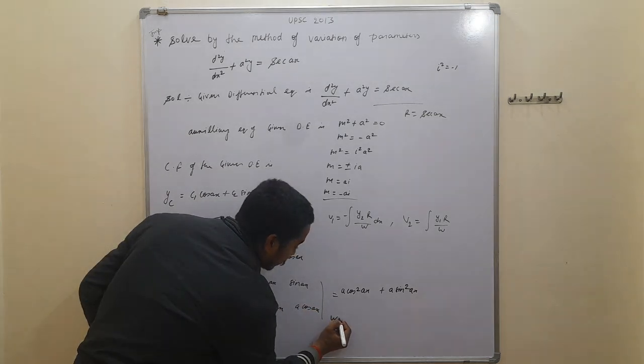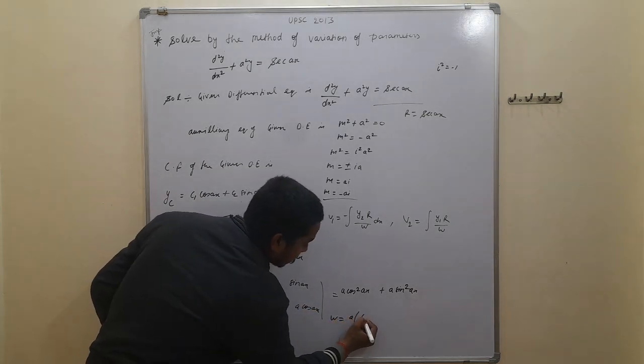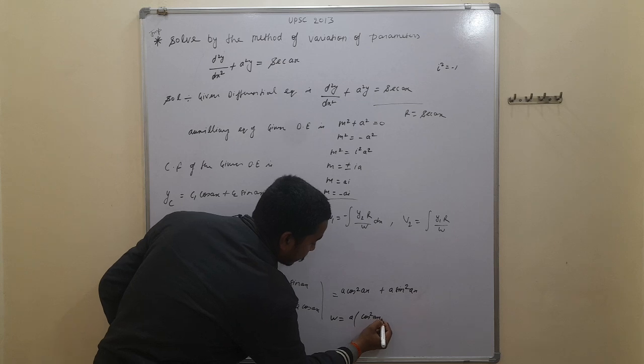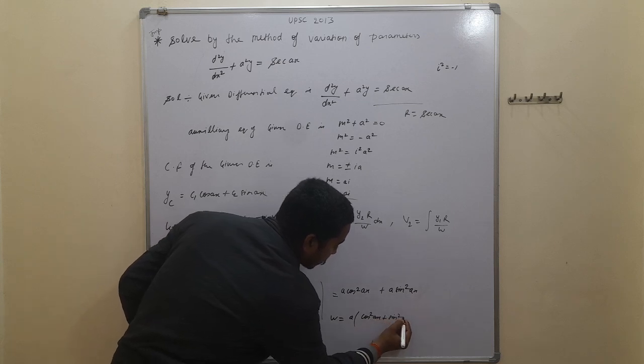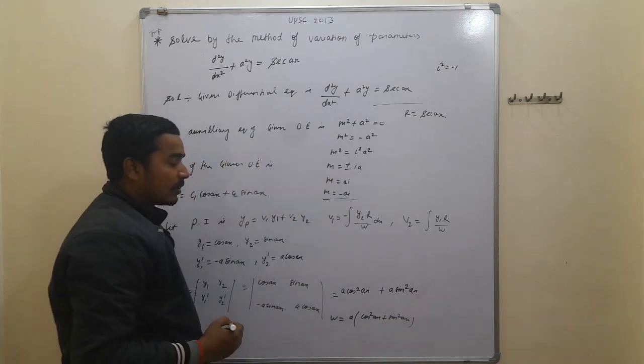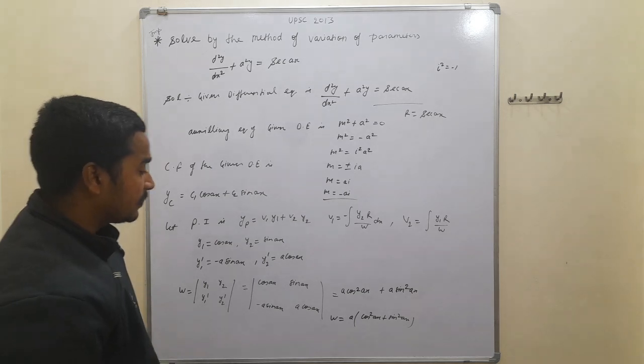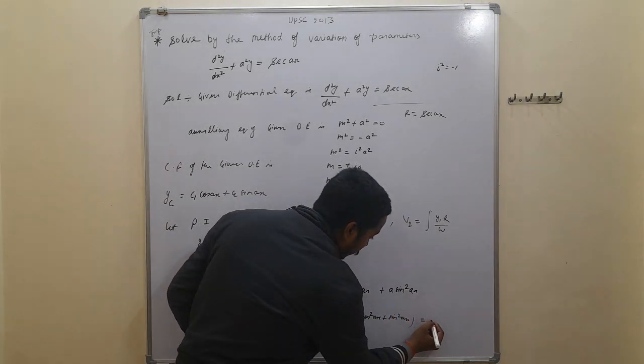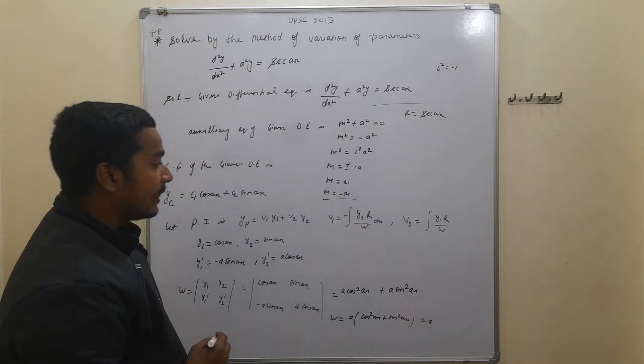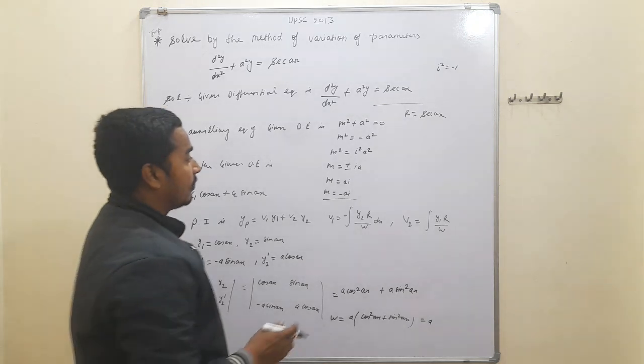Once again we take a common from here. This gives a(cos^2 ax + sin^2 ax), and we know that cos^2 x + sin^2 x is 1. So the value of w is a, and we put it here.